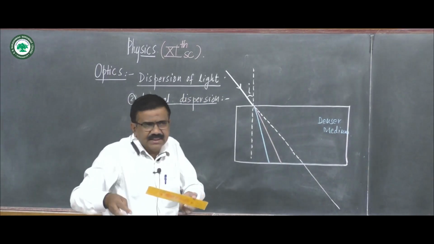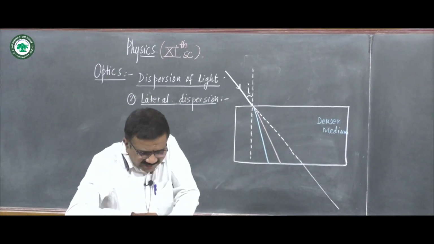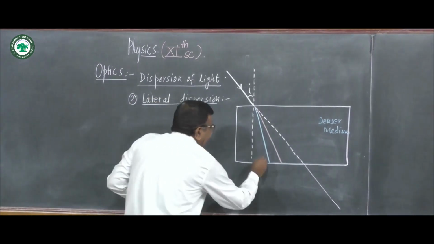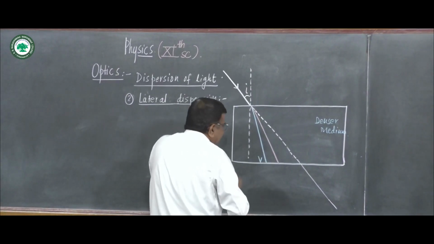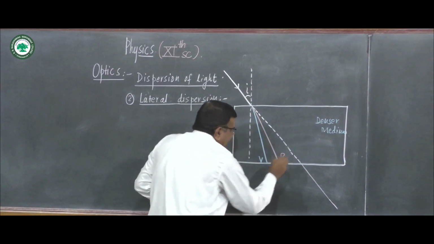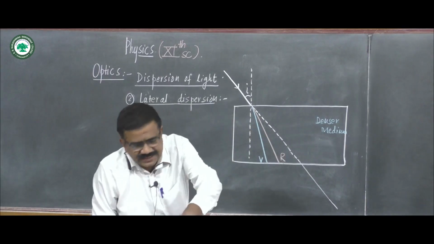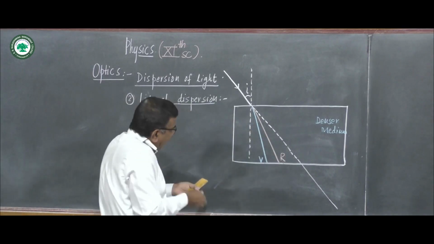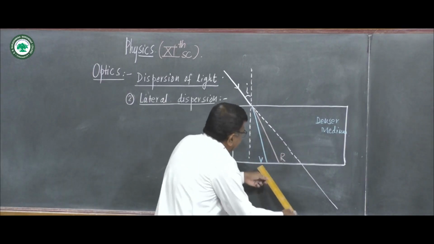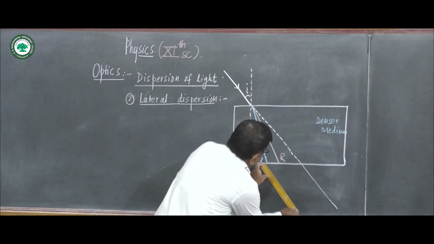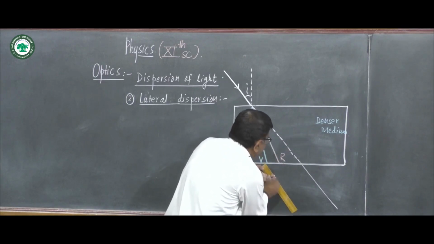At this point, the ray is again refracted. This is violet. This is red. But these refracted rays move parallel to the incident light after the refraction. It moves parallel to the incident light.